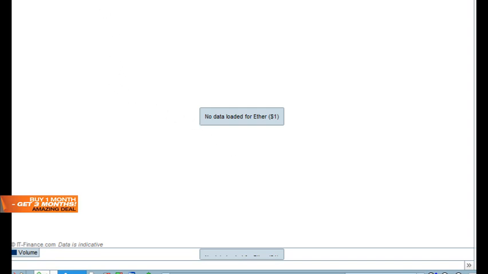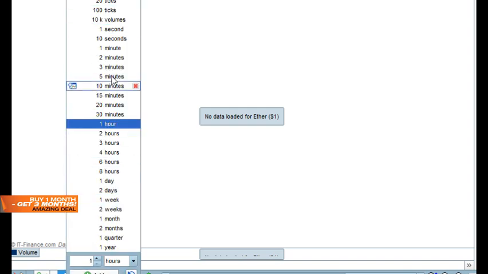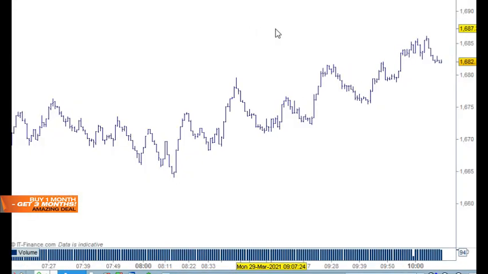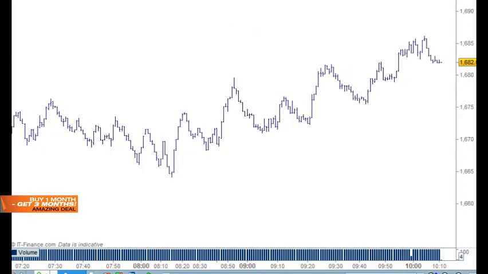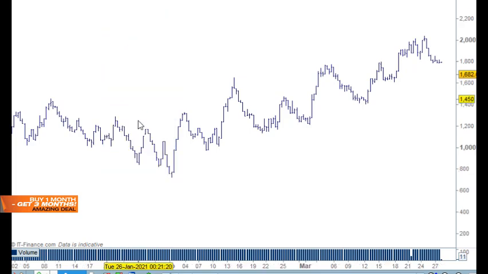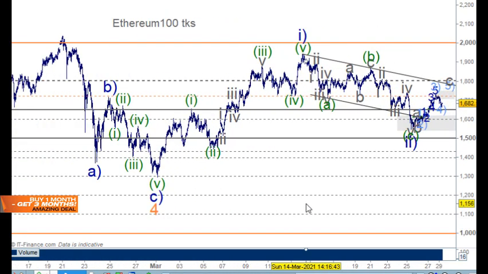Apologies about that. I don't have my trades on this platform, so I've just got to work with the tick chart. A little bit annoying, and a little bit tricky.